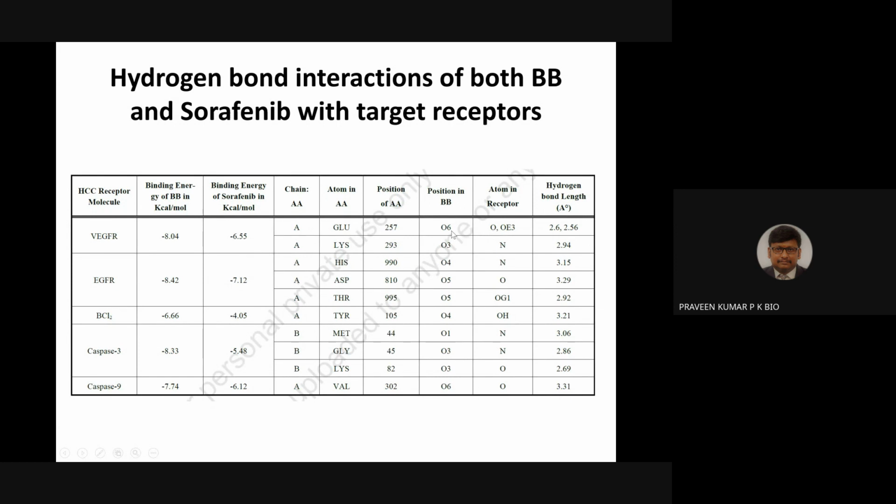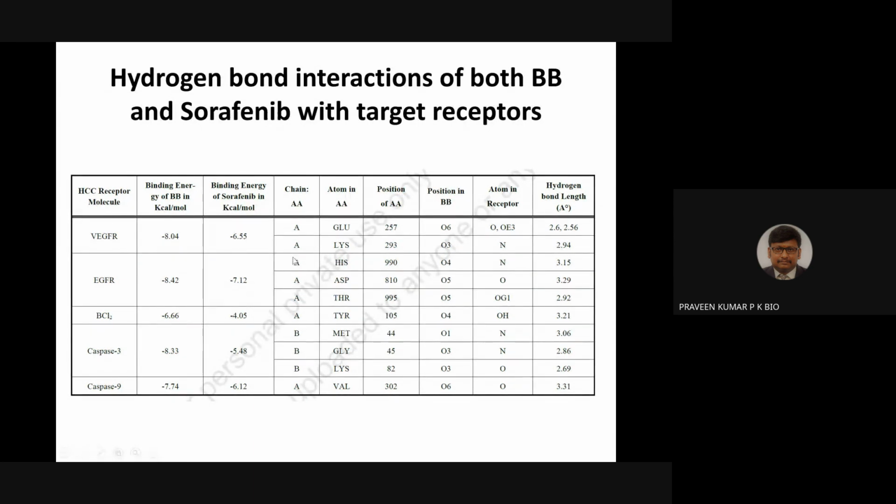That means my plant compound Berivnon B at the O6 position is interacting through two hydrogen bonds. One hydrogen bond is shared with O and another hydrogen bond is shared with OE3. And if you estimate the bond length, I got 2.6 for the first hydrogen bond and 2.56 for the second hydrogen bond. Similarly, it was calculated for the other receptors.